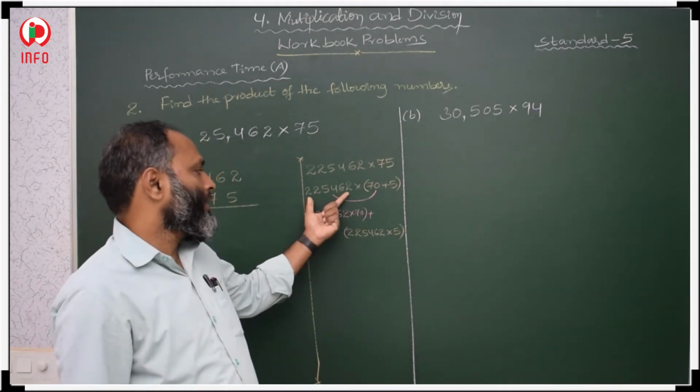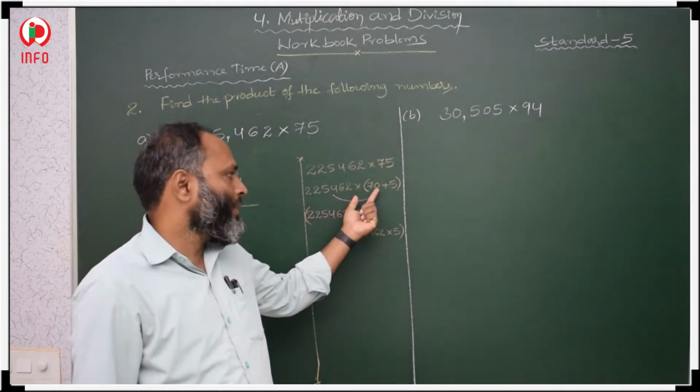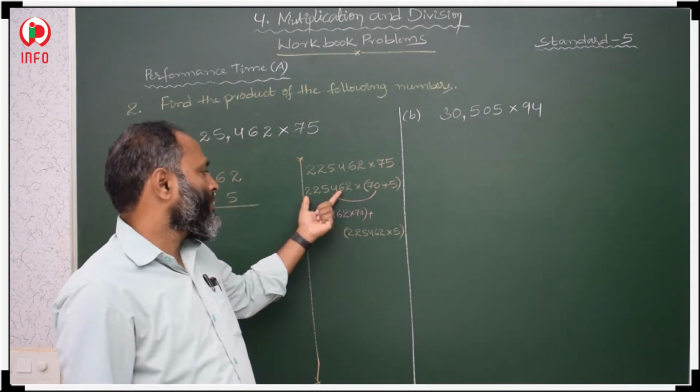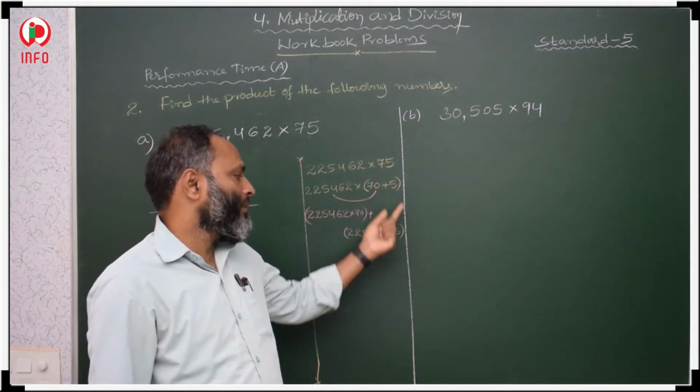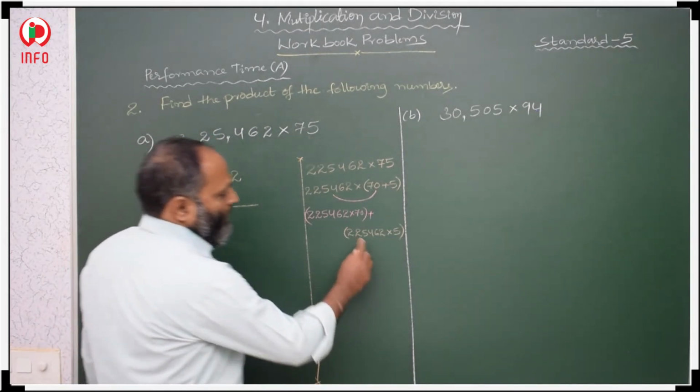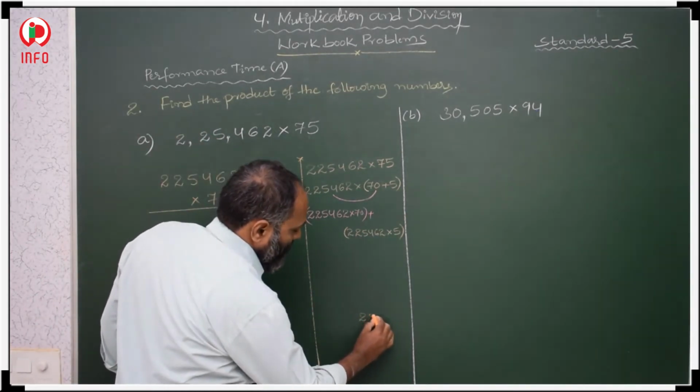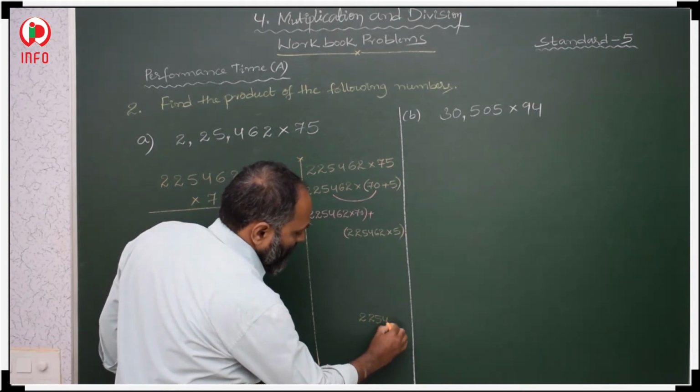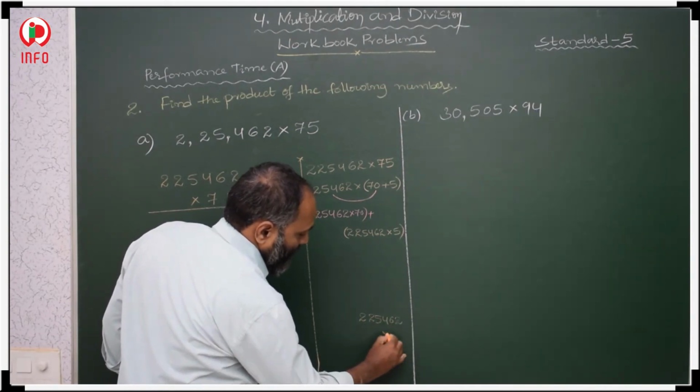First 2,25,462 multiplied by 70, and after that 2,25,462 multiplied by 5. Roughly, first you have to multiply this 2,25,462 by 5.